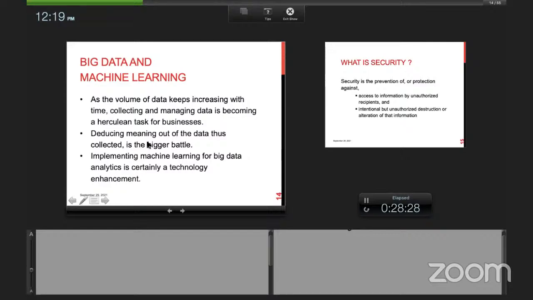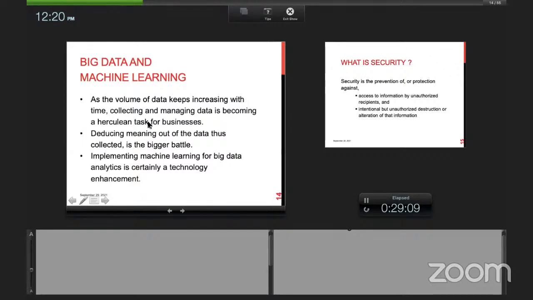I want to say this maybe for my own sake, that as the volume of data keeps increasing with time, collection and management of that data obviously becomes a Herculean task. It is such a mammoth thing, how will you deal with this ever increasing and rapidly increasing data? If it is sensor data coming from wearable bands, then it is very rapidly increasing, fast paced, and voluminous, and many things are there.